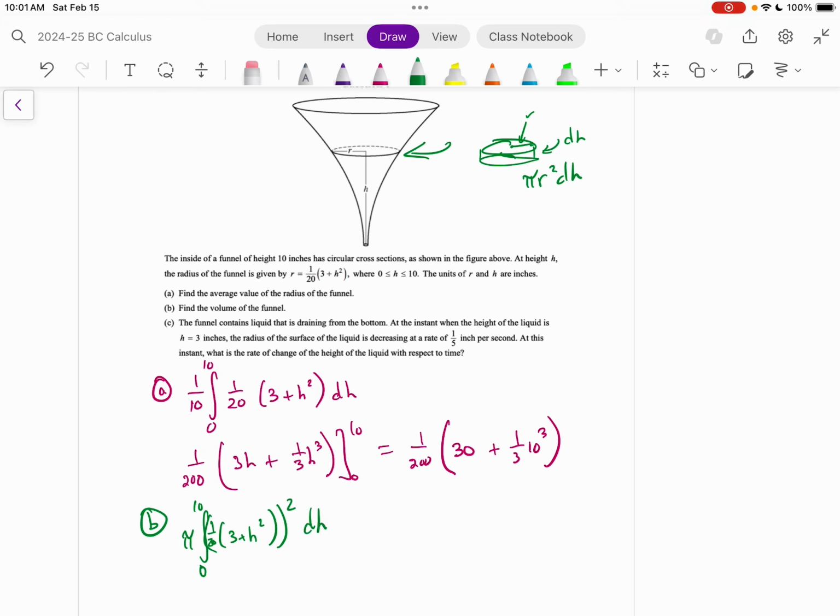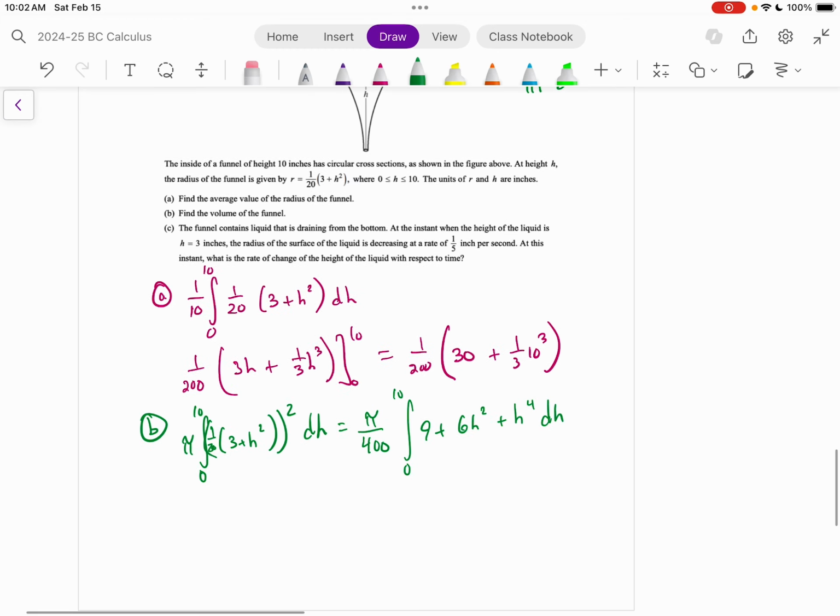So pleasant. So that thing is going to be pi over 400 times the integral from 0 to 10 of 9 plus 6h squared plus h to the 4th dh. Okay.